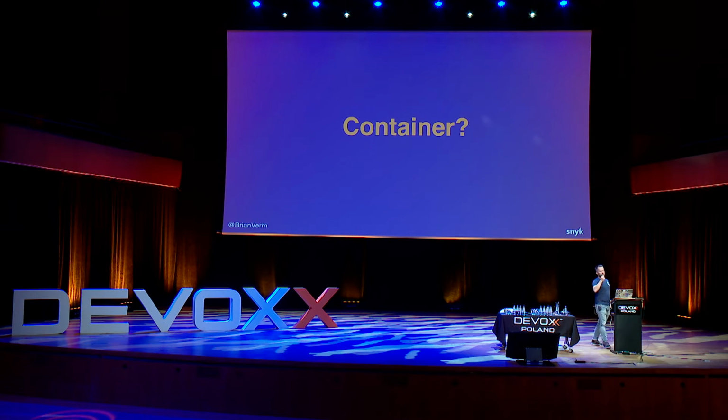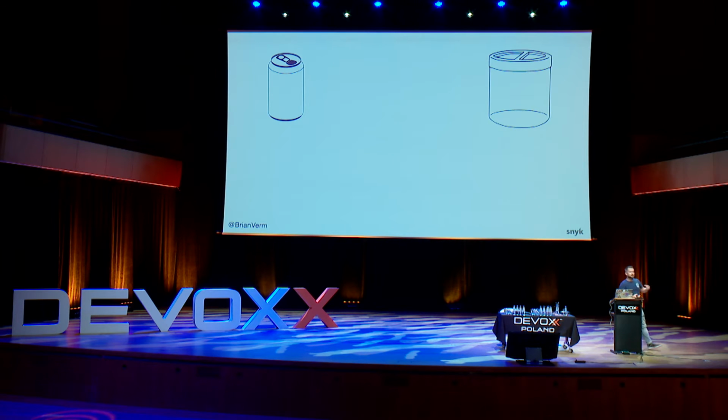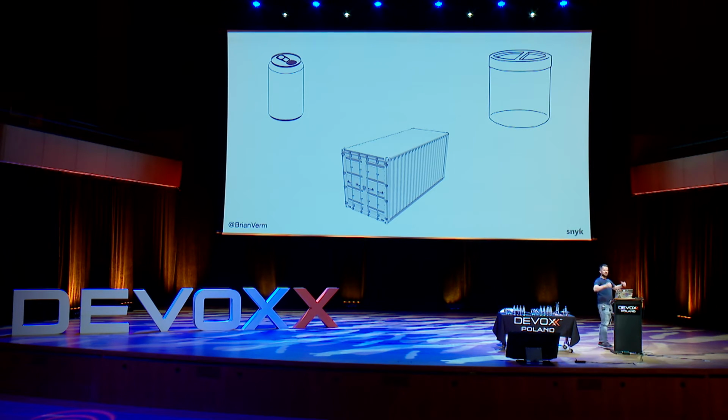It's interesting, because we try to mimic stuff from the real world into the virtual software world, right? If we look at a container in the real world, it can be either your soda can or your beer can, your airtight container to store your food in, to make sure that it's good enough for the next day or the day after, or even more in some cases. And that is how we display containers in a lot of ways, like the shipping container.